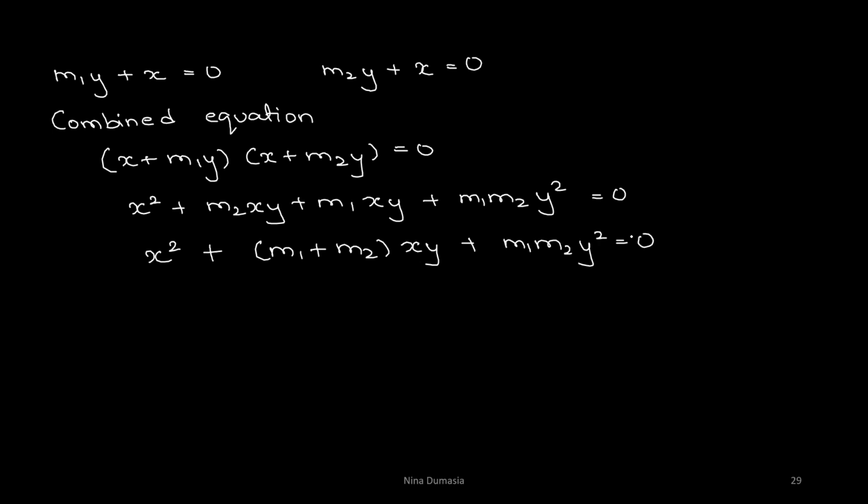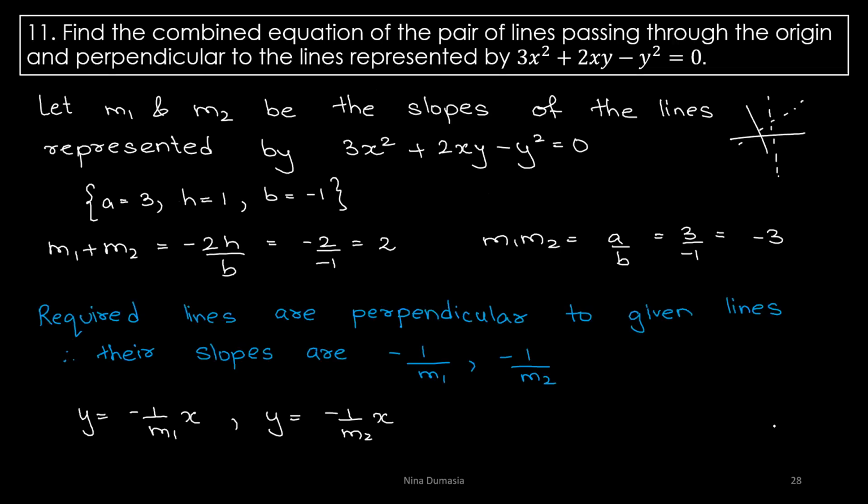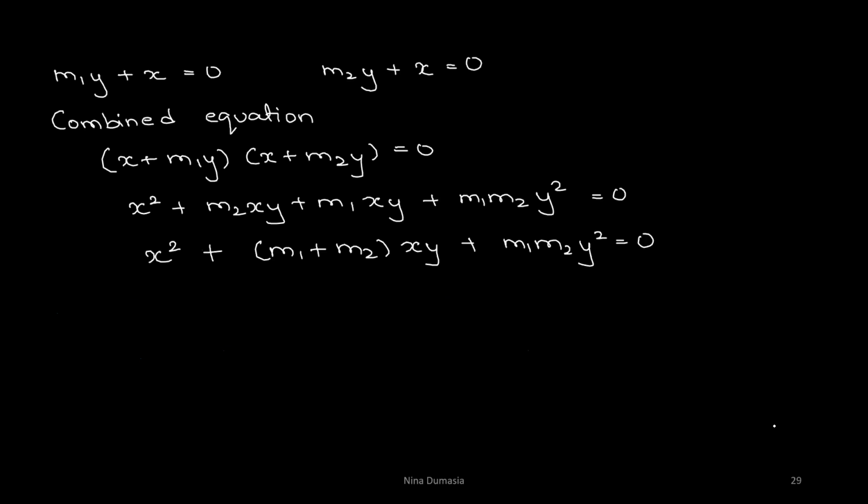We already know the value for m1 plus m2 and m1 into m2. This is equal to 2 and -3 बराबर. So we will just substitute that here and we will get our answer. So x square plus 2xy minus 3y square is equal to 0 is the combined equation of the line that is perpendicular to the original equation.